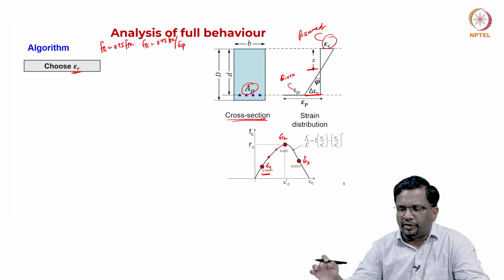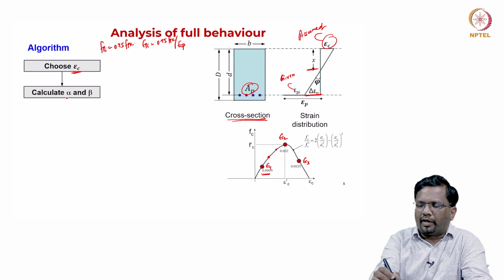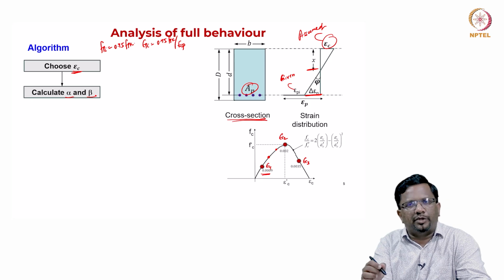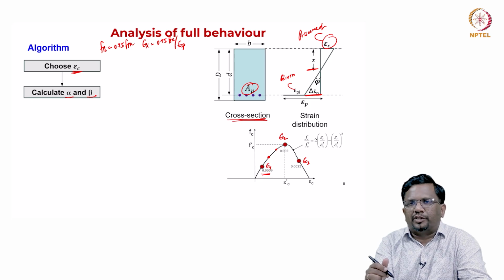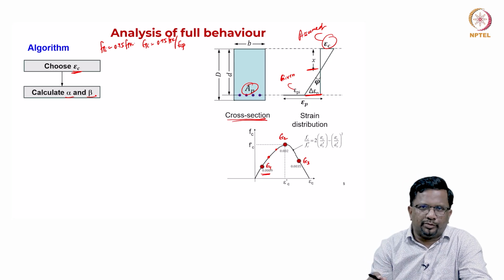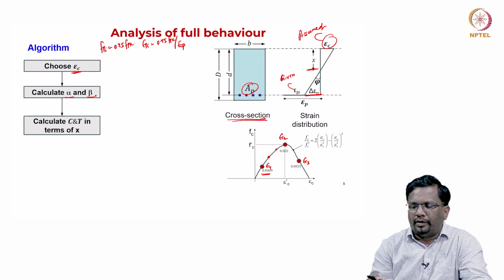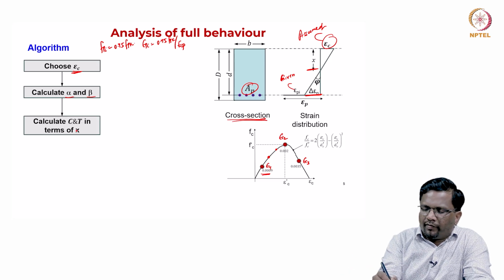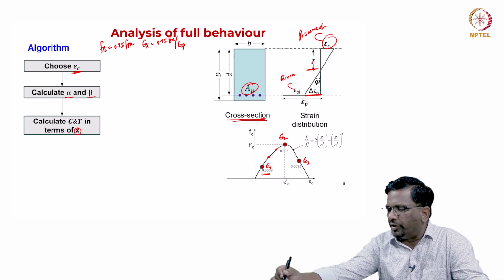First we choose epsilon c. Once epsilon c is done, I can calculate alpha and beta, which are your equivalent stress block parameters. We have derived the equations previously. Once you know alpha and beta, for a given value of x, I have to assume x also.